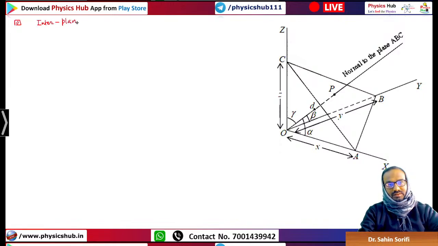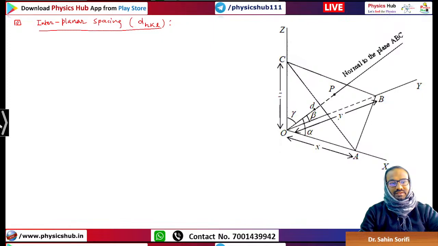Interplanar spacing D, and that spacing is dependent on the Miller indices HKL. So look at this figure. Here we have shown a plane.